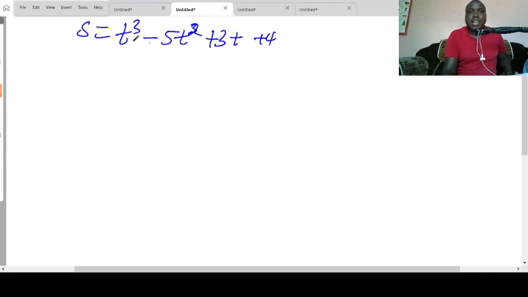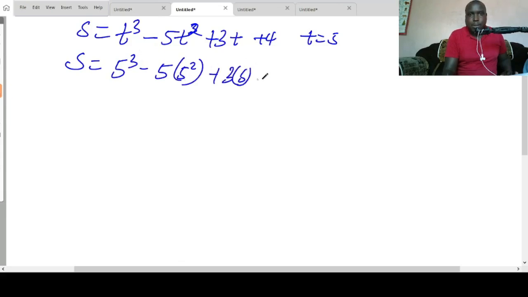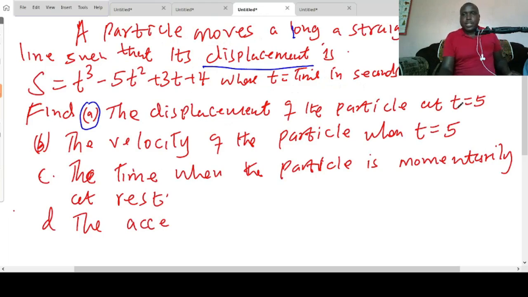But we have been told to find the displacement when t is equal to 5. So s will be 5 cube minus 5 times 5 square, plus 3 times 5 plus 4. And that one will give us the distance, or the displacement. You will realize that it is going to be 29 meters.